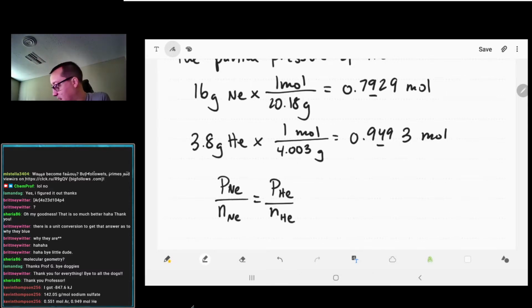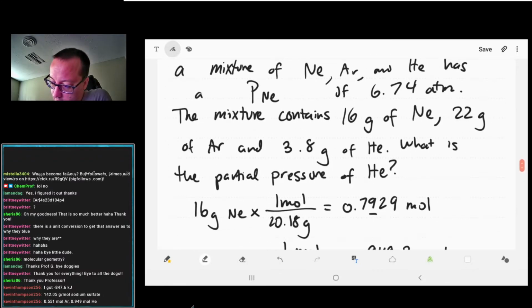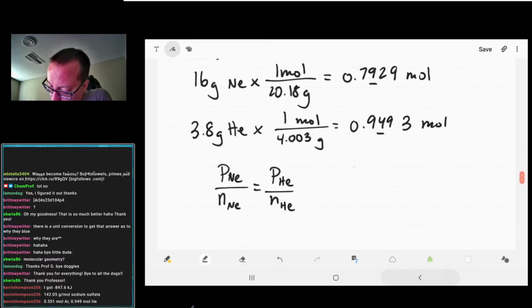Yes, you could technically do the total pressure and then solve for the partial pressure of helium after. That would totally work, but we can bypass that if we want, since we're essentially using our combined gas law here. The pressure of neon was 6.74 atmospheres with 0.7929 moles.